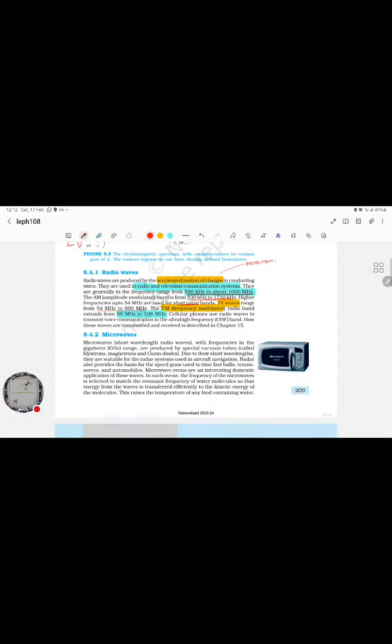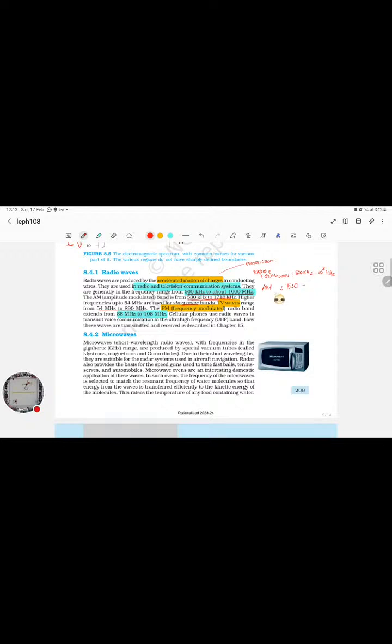Let's see these ranges. For radio and television communication systems, we have about 500 kilohertz to 1000 megahertz, that's about 10 power 9 hertz.